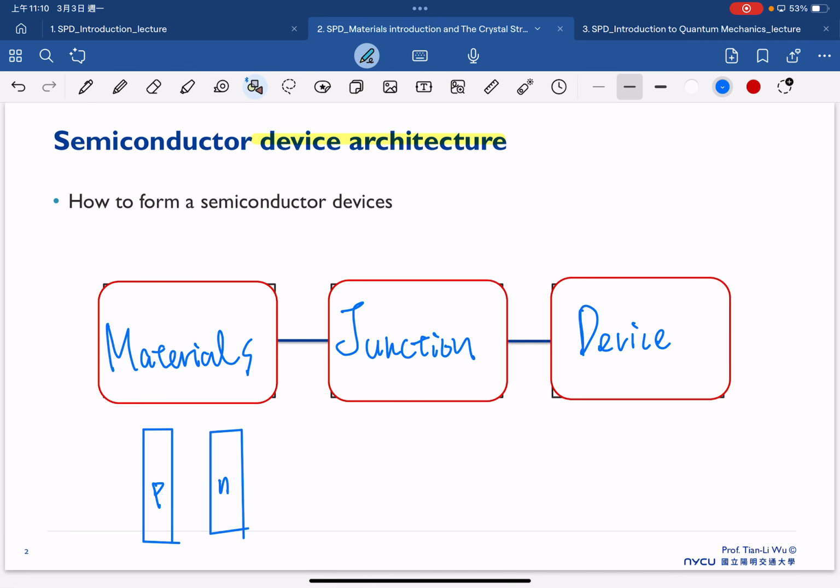The N type means that this is a material that has a majority of electrons, and the P type is the material that has a majority of holes. But now, if we put these 2 different doping materials together, we will form the junction in between the P and N.